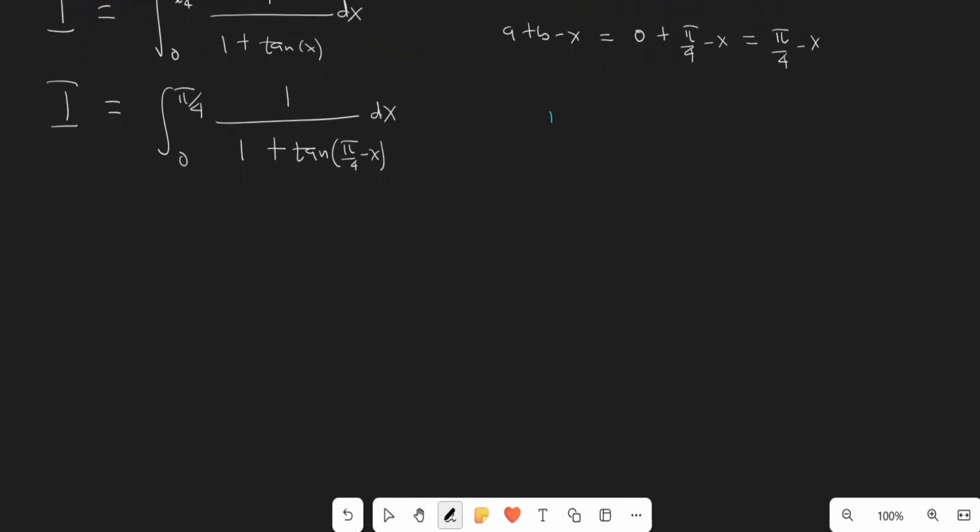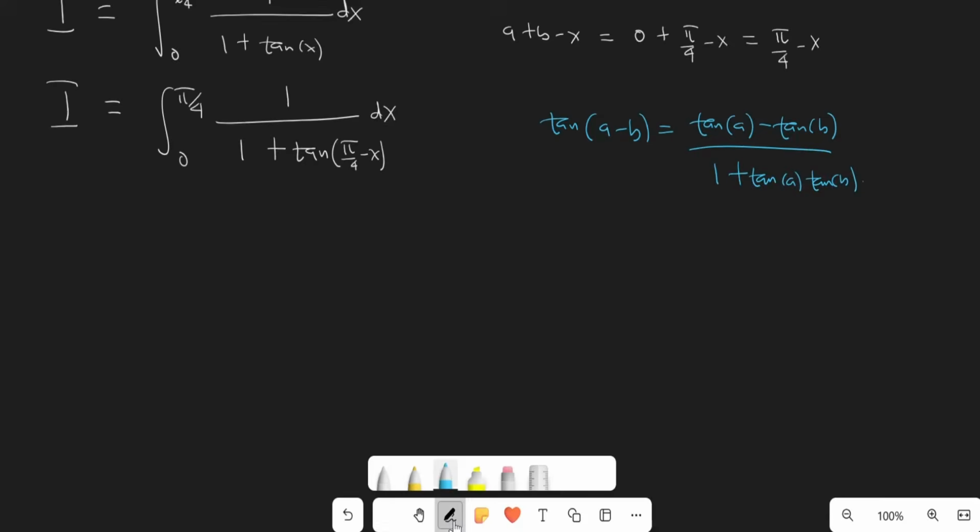So we know that the tangent of a minus b is the same as the tangent of a minus the tangent of b all over 1 plus the tangent of a times the tangent of b, from trigonometry. So how can we express the tangent of pi over 4 minus x?